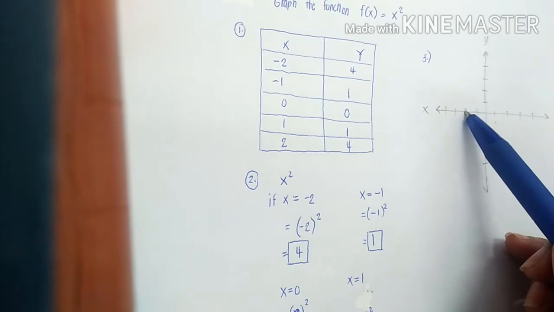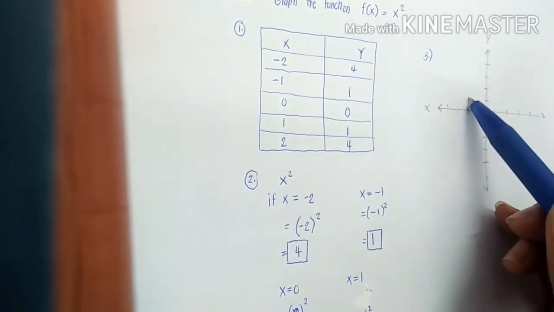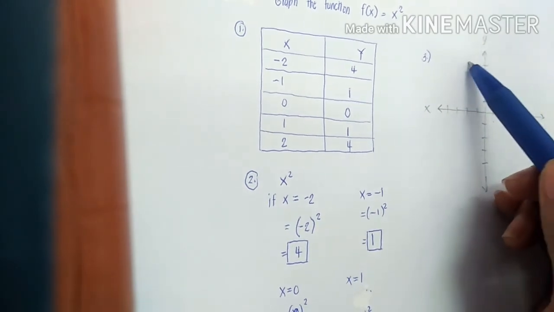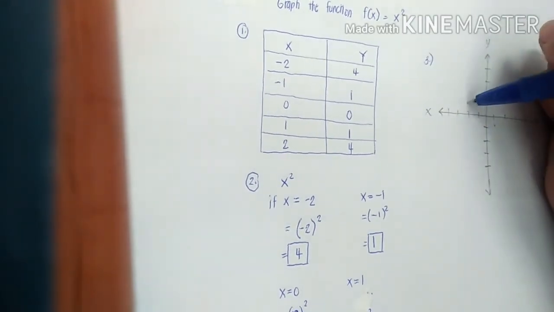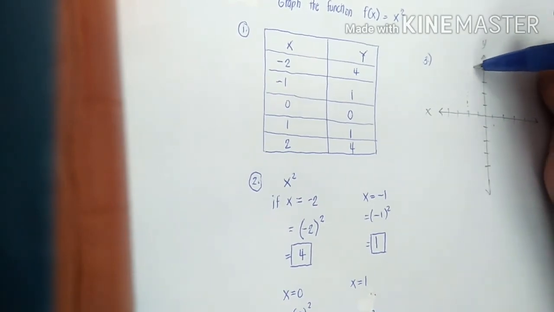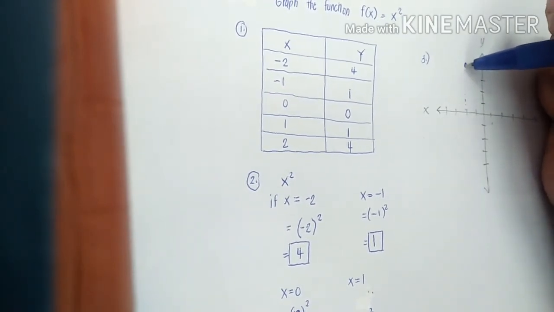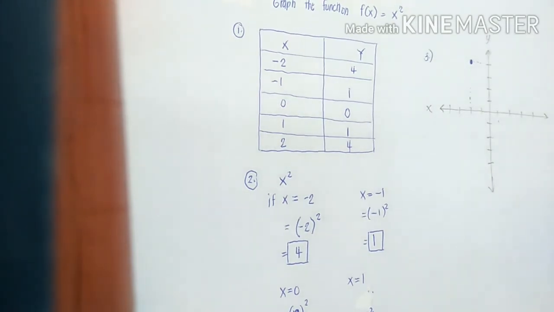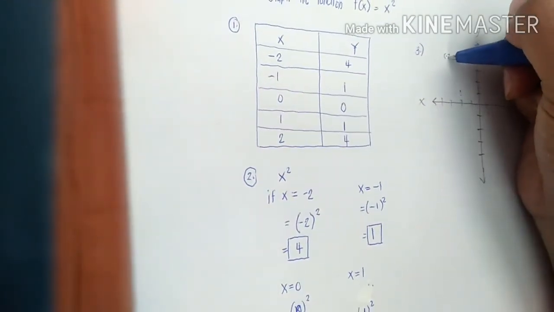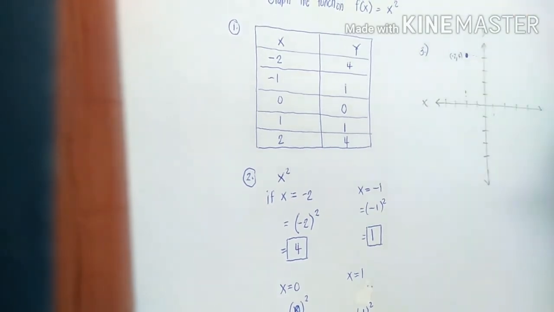That's positive, so going up: 1, 2, 3, 4. So let's have a dot here. I will be putting here negative 2 and 4.